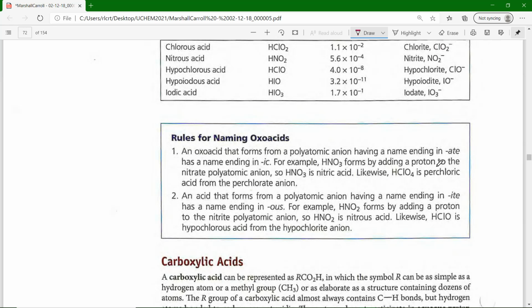If the polyatomic anion ended with ITE, then the name of the acid ends with OUS. So HNO2 is formed by adding a proton to the nitrite, so it's called nitrous. Hypochlorite becomes hypochlorous. Hypoiodite becomes hypoiodous.